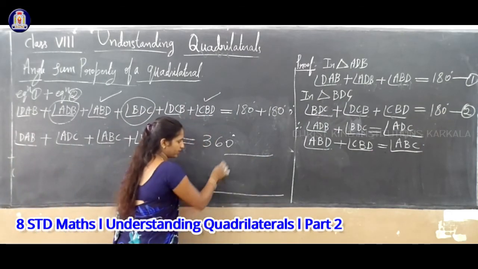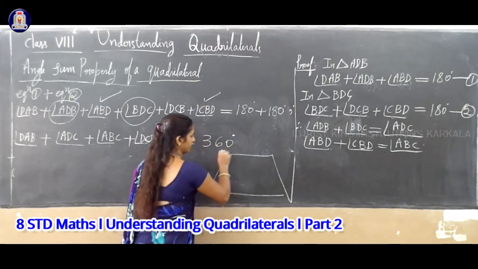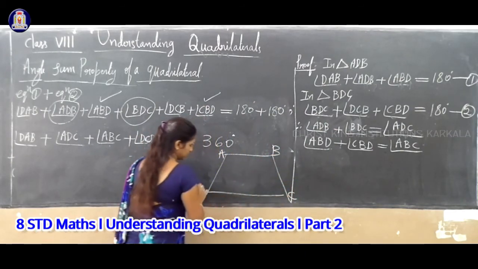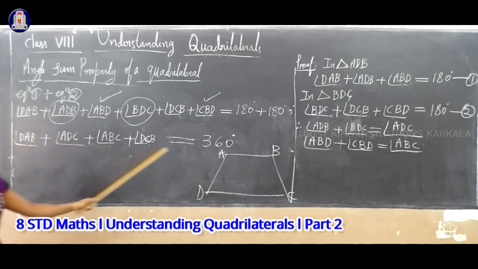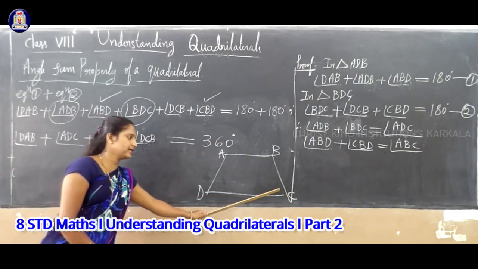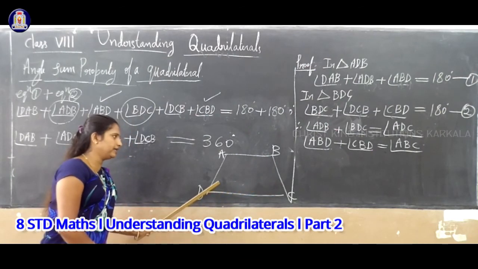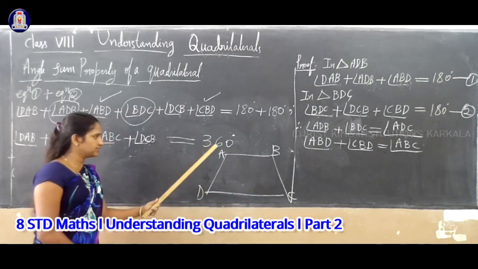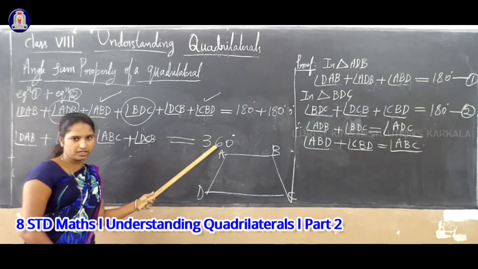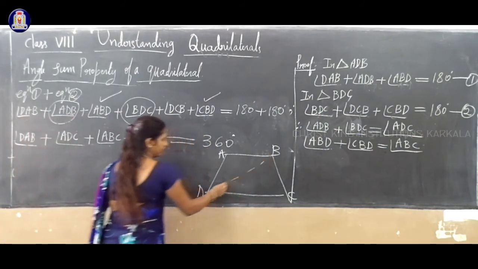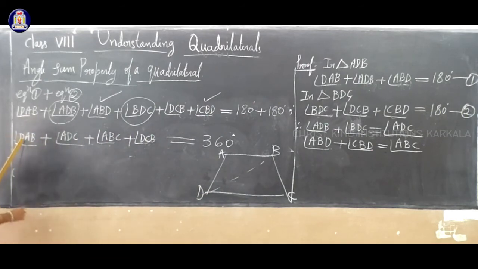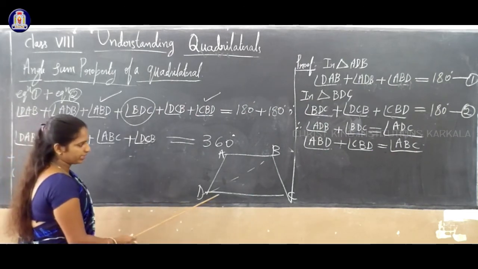Now see here. This is a quadrilateral ABCD. So finally you want to get angle A plus angle B plus angle C plus angle D. Total you must get 360 degree. We got 360 degree. Clear? So DAB means angle A. See the figure and you can understand this.